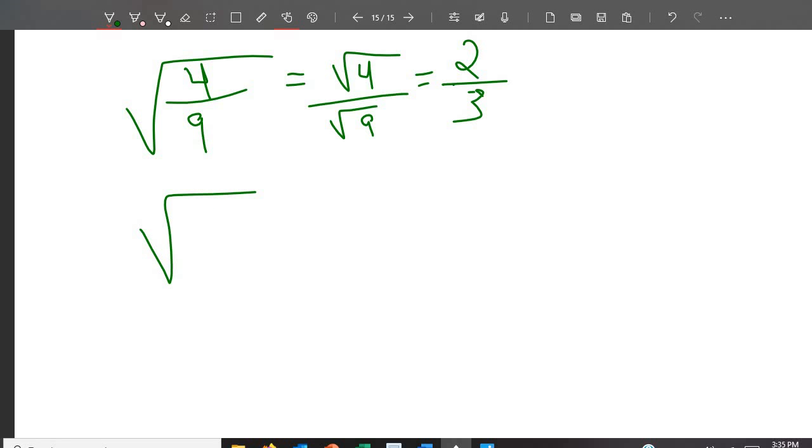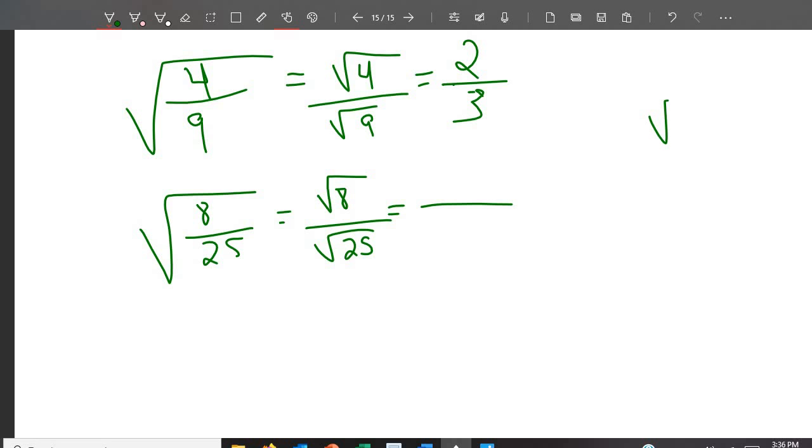Let's say I had square root of 8 over 25. Break it apart. Then we're going to simplify it. Now, 8 is one of those problems I can't do nicely. So let's come over here.